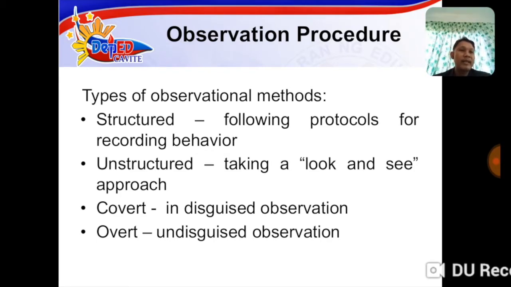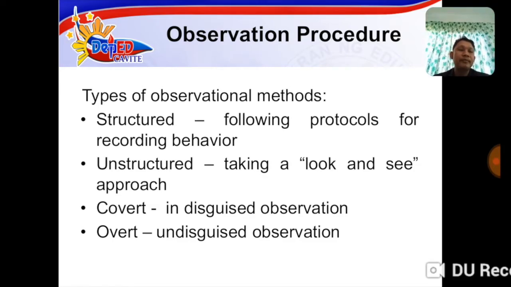So the next one is what we call the covert or in disguise observation. No one knows they are being observed, and the observer is concealed. For example, a researcher trying to understand the rituals and ceremonies of Hindu weddings. He or she may conceal himself as a guest to observe what's happening inside.